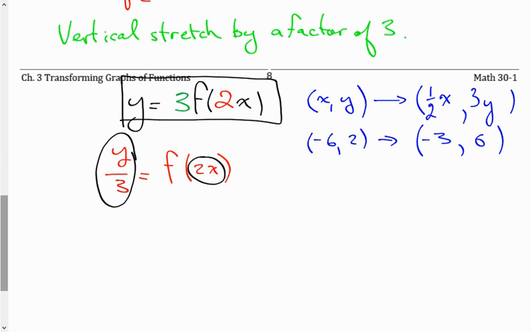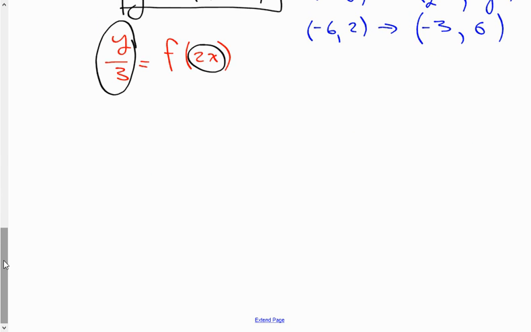Years ago, when we taught more things about circles, so when we get to the trigonometry chapter, we're going to look at x squared plus y squared equals 1 as the equation for a unit circle. And if I replace this x squared with an x over 2 all squared, this would be kind of like if I had a half times x. So this would mean it would be stretched horizontally by a factor of 2.